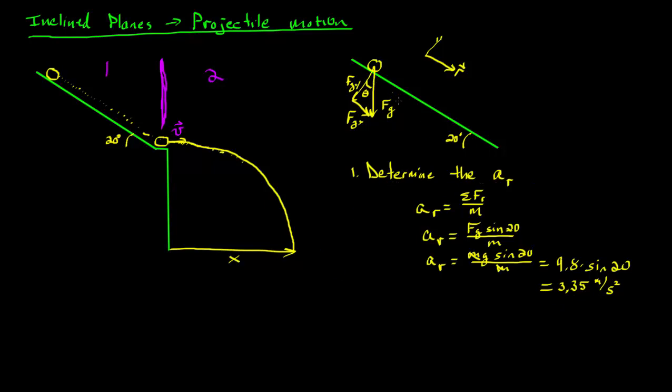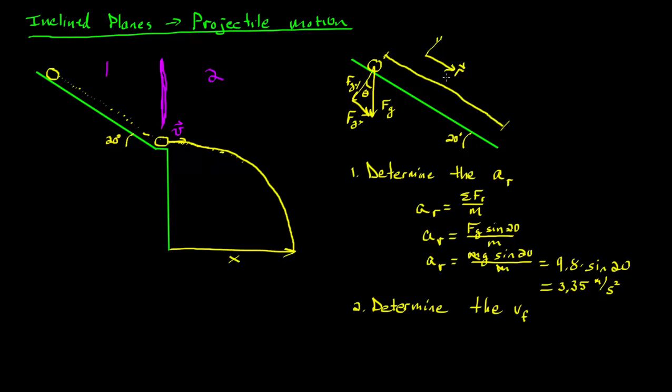So now that we know the acceleration of the object, we go to part 2, which is determine the final velocity. Okay, so we don't know the time that it's going to spend, but we do know the distance that it's going to travel. And I'm going to call that r.